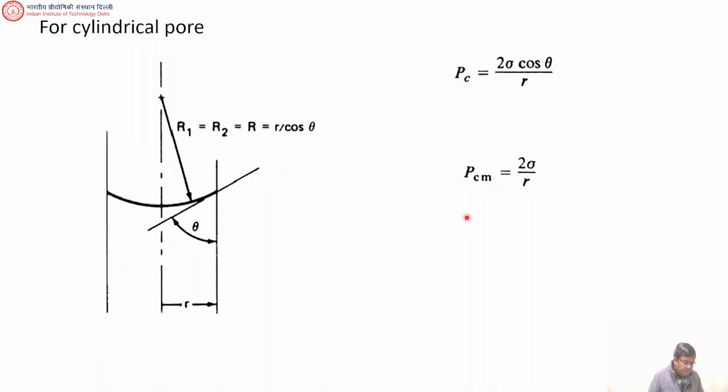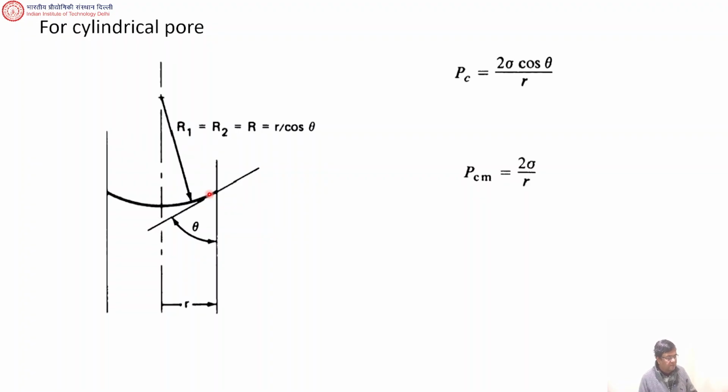But if you write the maximum capillary pressure, then that is 2 sigma by r, because cos theta becomes equal to 1, because theta is equal to 0 in that case, where this solid line will give you an angle of 0 with this curved surface. Okay, see if that happens.